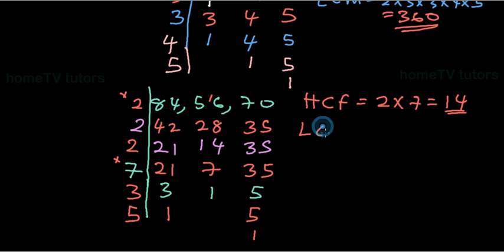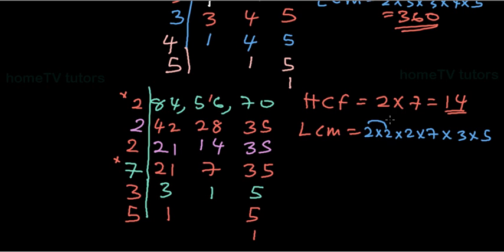Then for the LCM, you just collect all the factors, which are 2 times 2 times 2 times 7 times 3 times 5.